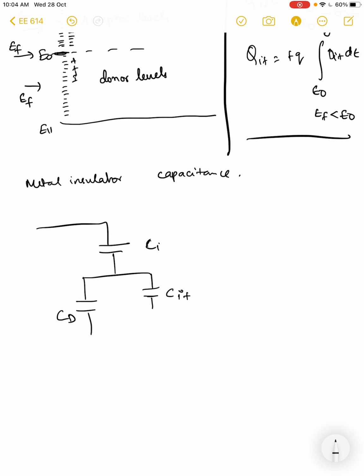But in addition to this, we have some resistance to this interface charge density because it takes some amount of time to fill and to emit charges from these traps, so there is a particular frequency dependence to this. So you model this interface charge density in this particular fashion, so that at low frequencies, this resistance is a frequency dependent resistance, and the overall model will look like this.